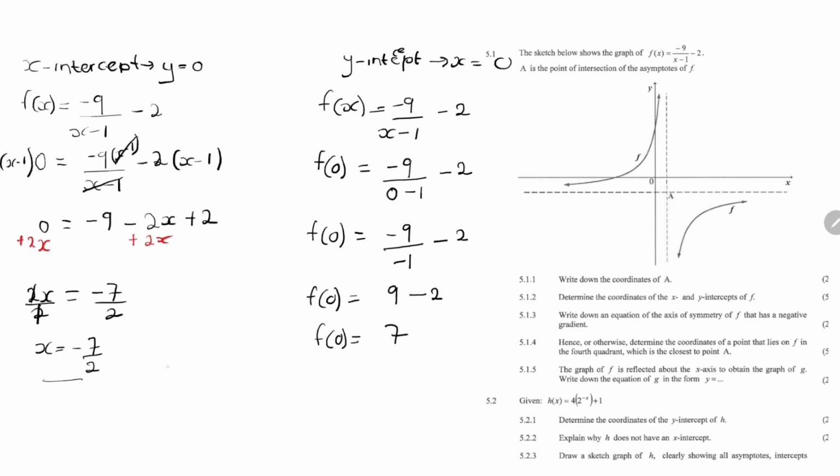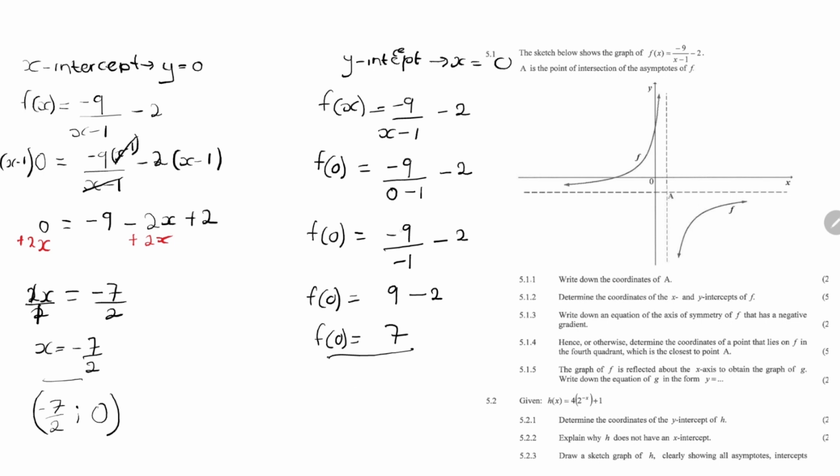So right now we have these. We do not have the coordinates. We have the x and the y values of the x and the y-intercept. To write the coordinates of the x-intercept, we will have negative 7 over 2, comma, 0 as the x-intercept.